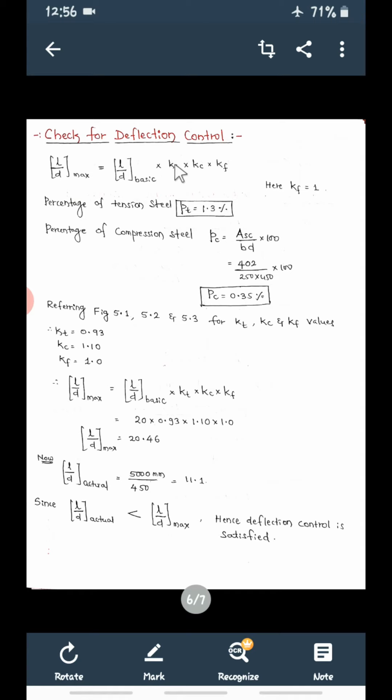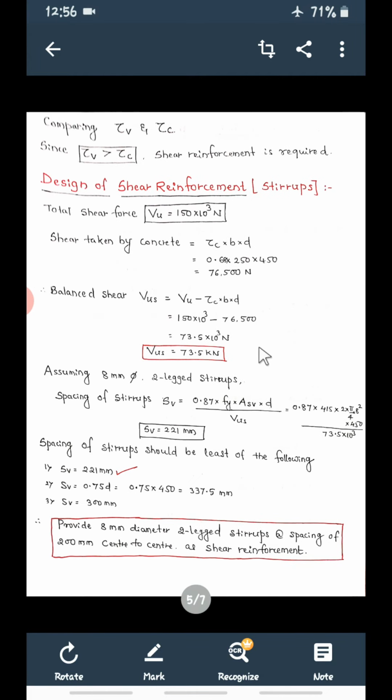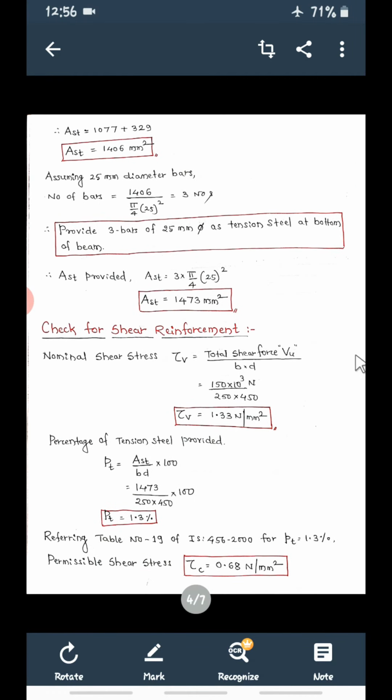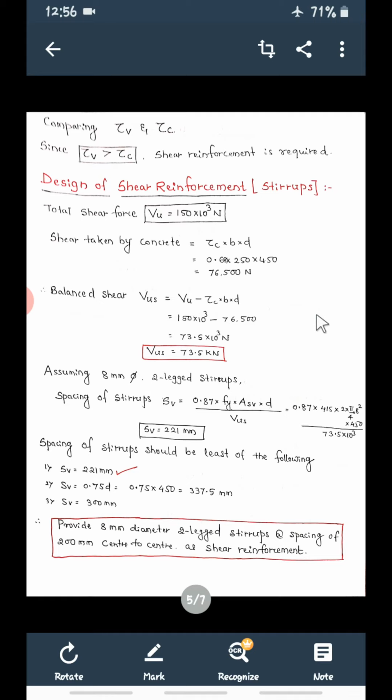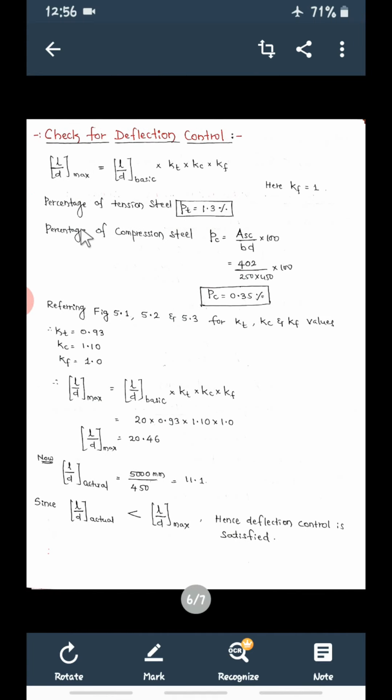So if you want to calculate KT and KC, first calculate for KT, what is the percentage? Already you have calculated 1.3. For bottom steel, 1.3 percentage you have already calculated. And for top steel, if you want to calculate KC, PC is required, the percentage of compression steel. Just like PT, PC you have to calculate. So it is again the same, ASC upon BD into 100.